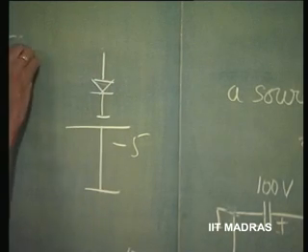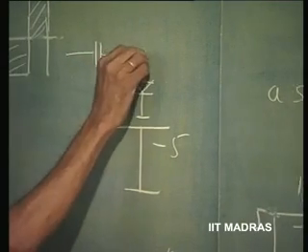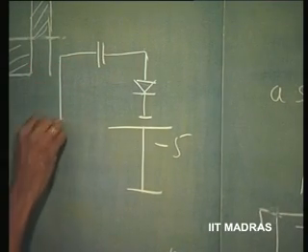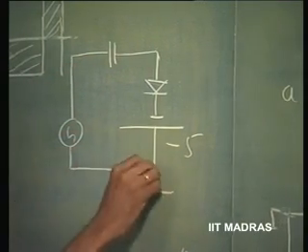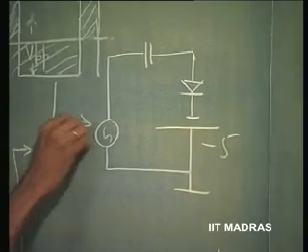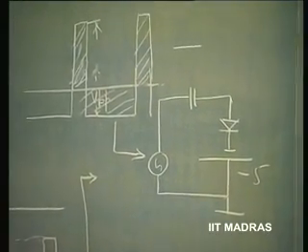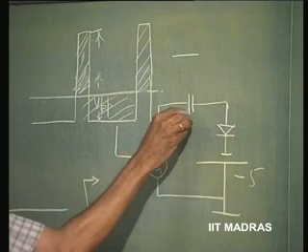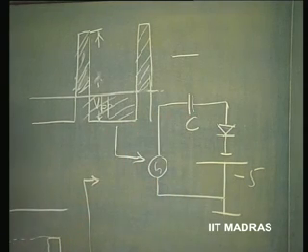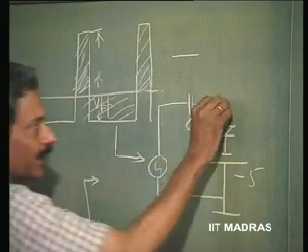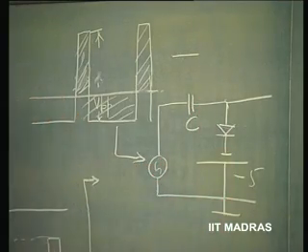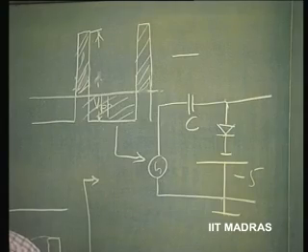Then I can put a capacitor and then this AC. This is the AC that is applied, which has no DC in it, and if I apply this AC to this, the capacitor will automatically get charged in such a manner that this output voltage is always going to be more negative than minus 5 volts.